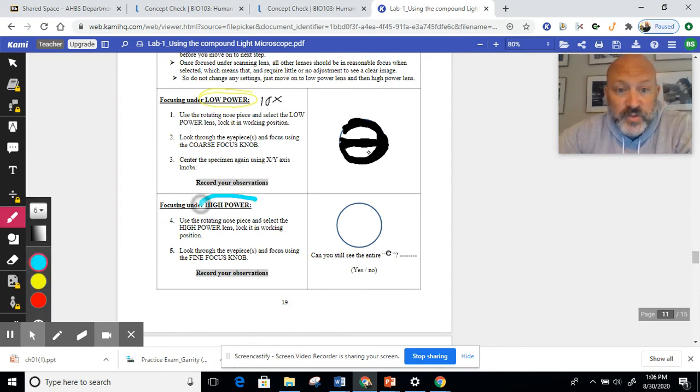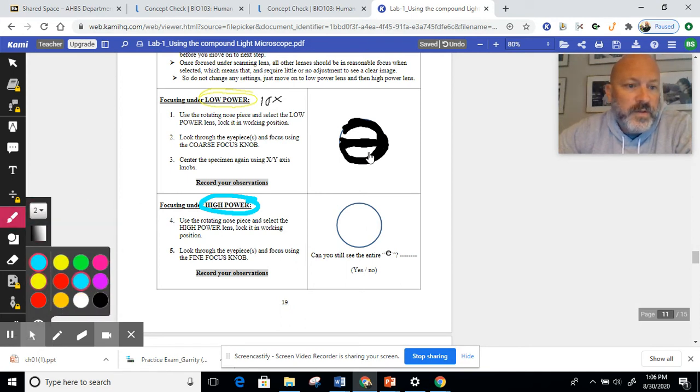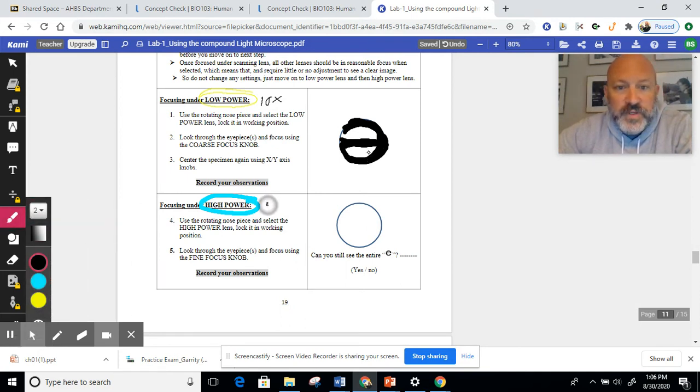one more time to the blue powered lens, which is the high power lens. Remember, the blue power lens magnifies the image 40 times, right? So here's the thing.